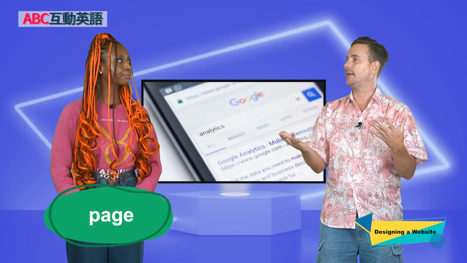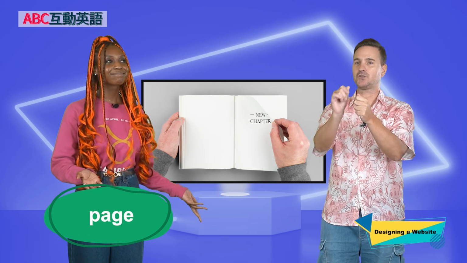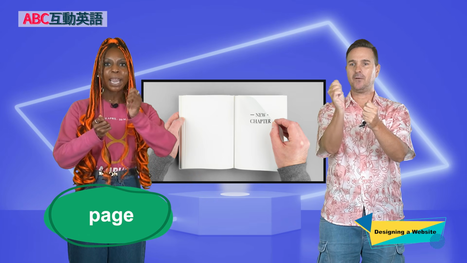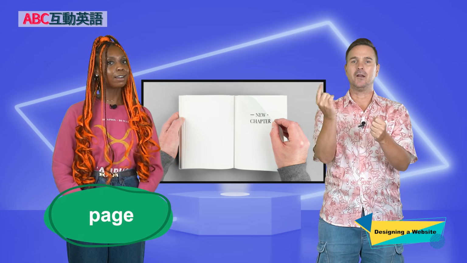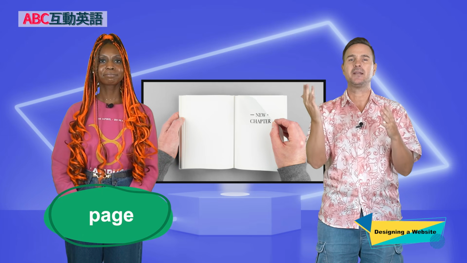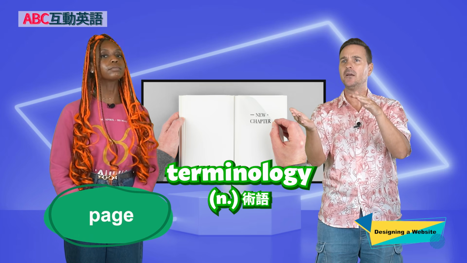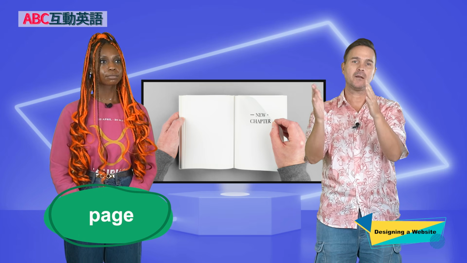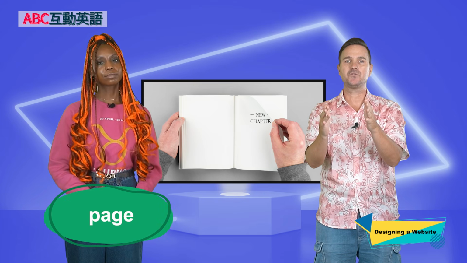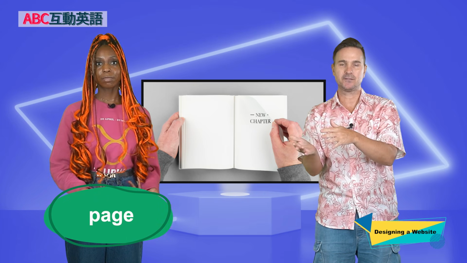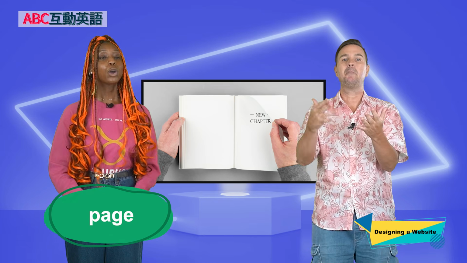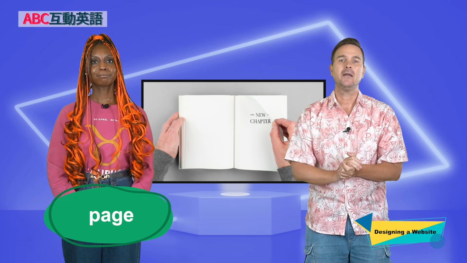Like in a book, a page is one piece of paper in the book, like number one. They're using that terminology from a book and applying it to the internet, so we call it a web page.